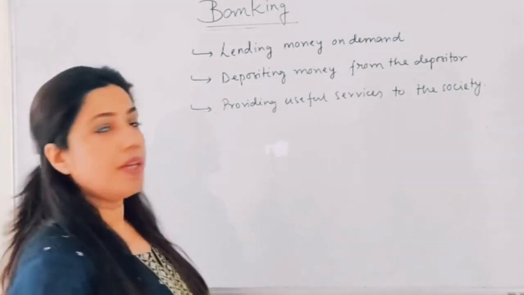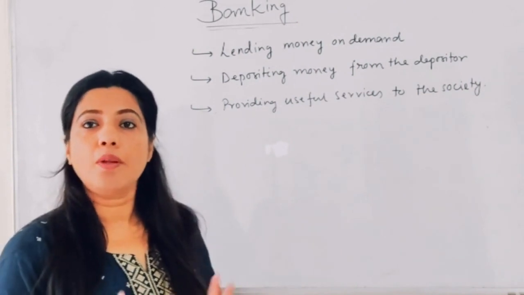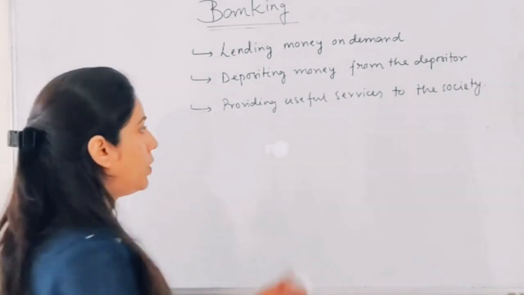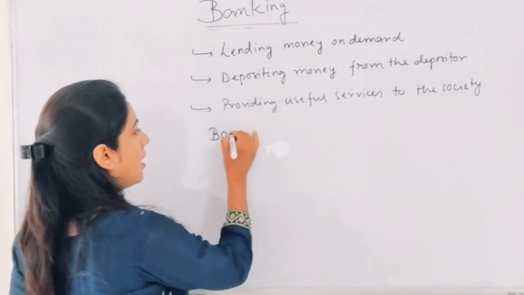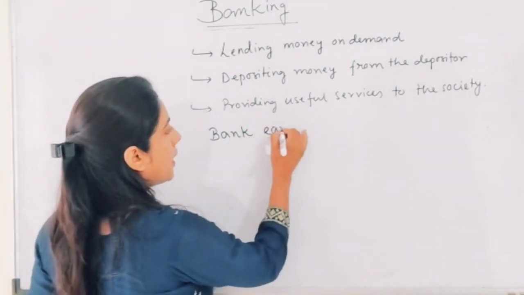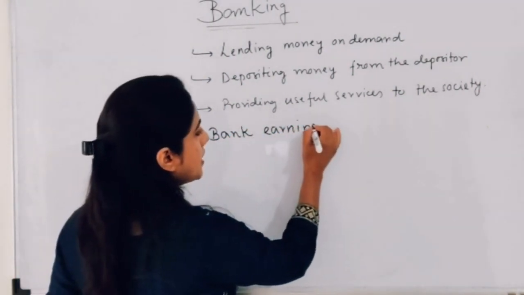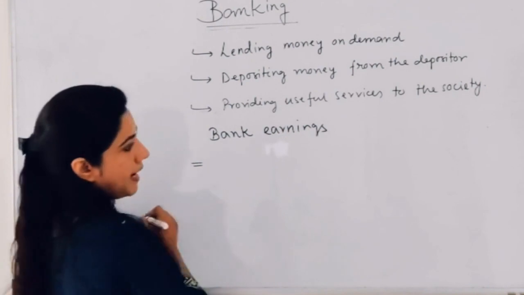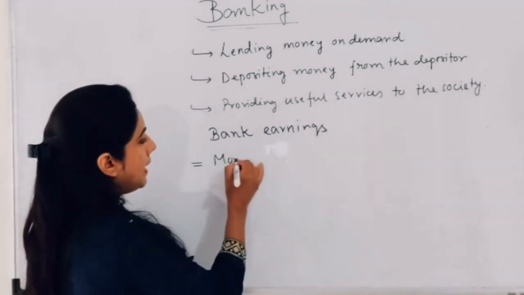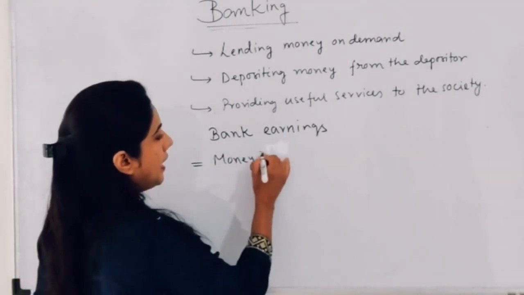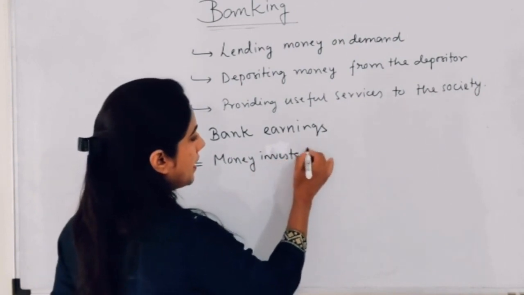Okay. So now the next point is how the bank earns. Bank earning is this way. You can write the formula as money invested.